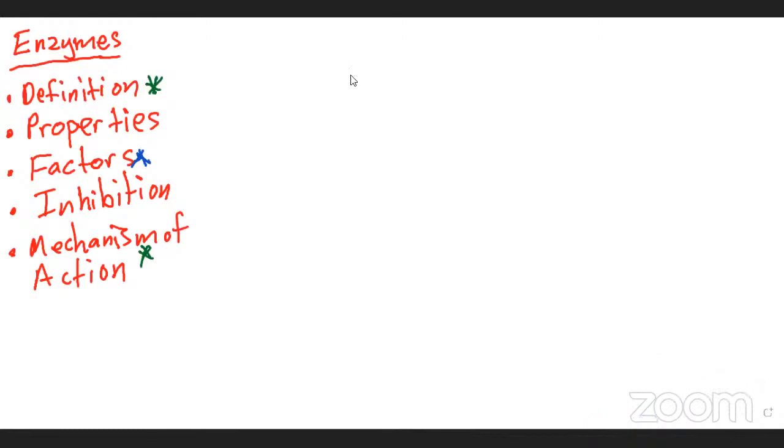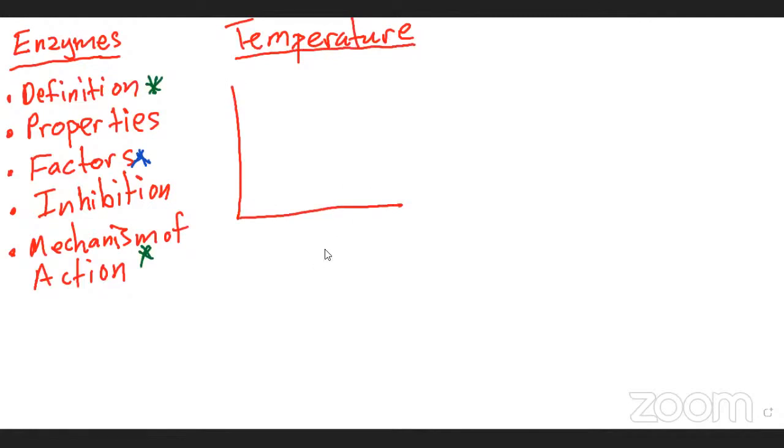All right, so for temperature now, this one is a bit easier, and we are familiar with it from CXE. So temperature. For temperature and pH, it's the bell-shaped curve.